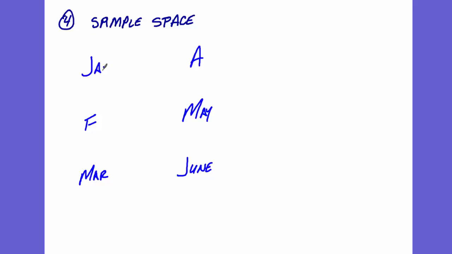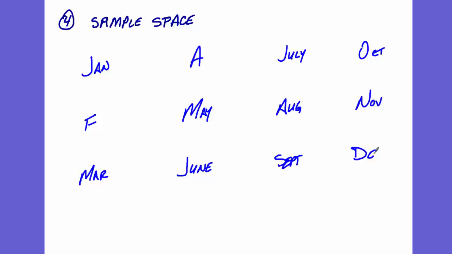Let's just do those first 6. So altogether there would be 12. Let me list the others. I'm not going to fill them all in, but here we'd have July, August, September, October, November, and December. So we've got our 12 months of the year.